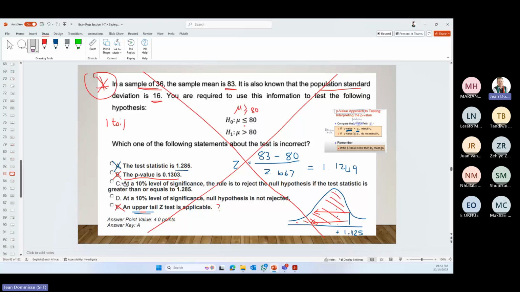So at a 10% level of significance, the rule is to reject the null hypothesis if the test statistic is greater than or equal to 1.285. Okay, see, now at a 10% level of significance, the null hypothesis is not rejected.